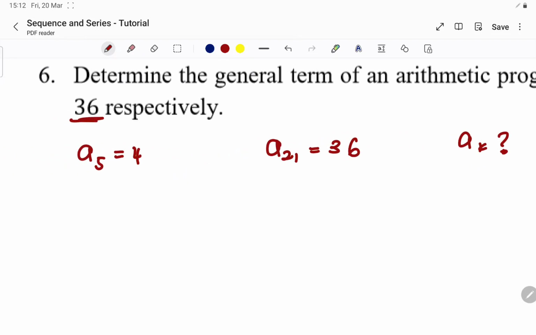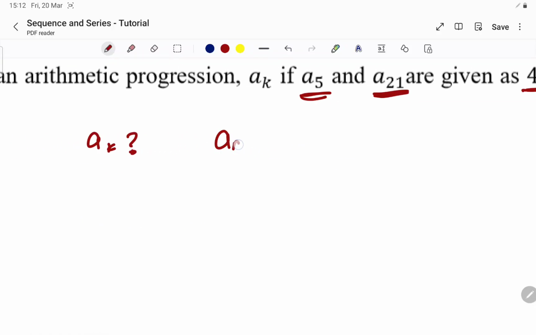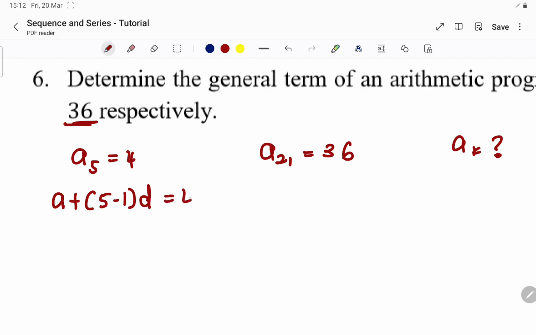Now, A5, because this is arithmetic, right? We have to remember the formula for AN for arithmetic, which is A plus N minus 1 multiplied with D. So here we do the same, where we have A5 equal to A plus 5 minus 1 multiplied with D equal to 4. So you will get A plus 4D equal to 4.